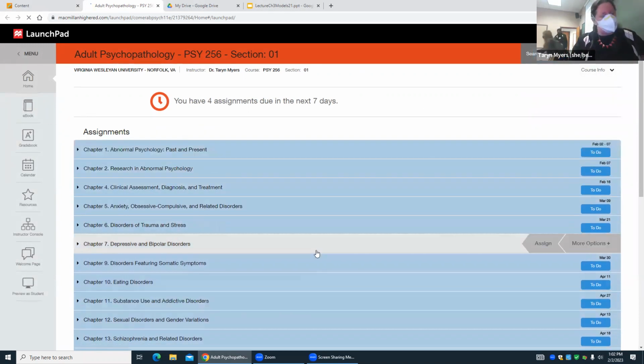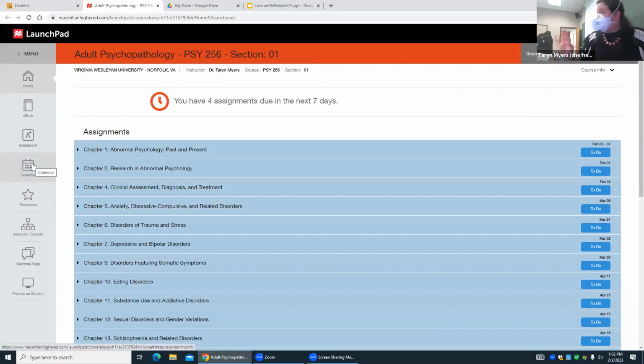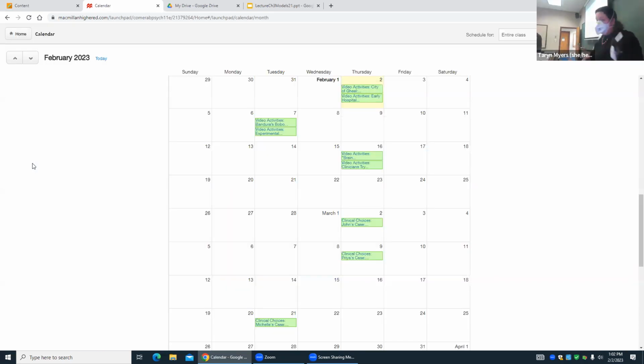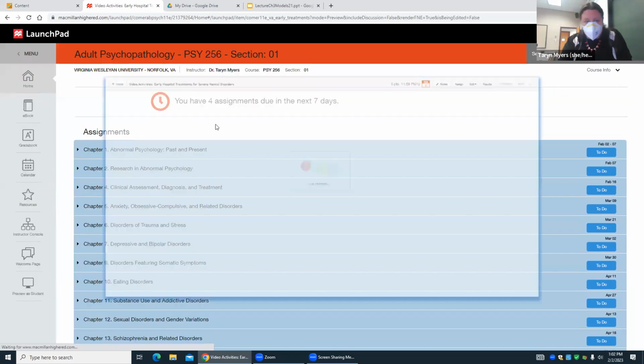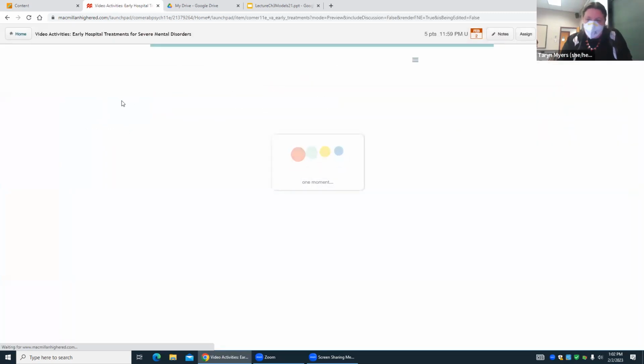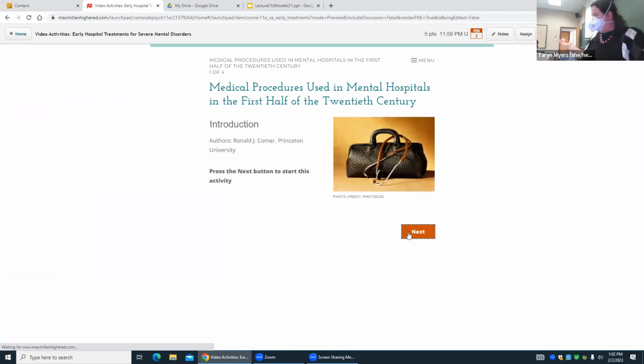If you go through the chapters, it is kind of complicated. The easiest way is to go to this left-hand panel and click calendar. If you do that, it'll show you the activities. These are the ones that are due today. You just click on it and then say open and it will open it for you and you can do it. So that is the quickest, fastest, easiest way to find what's due.